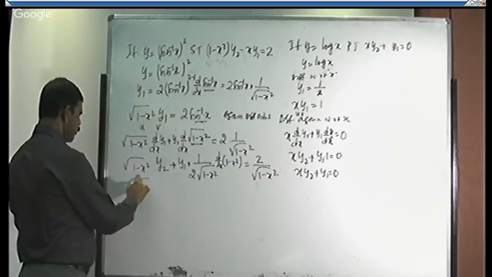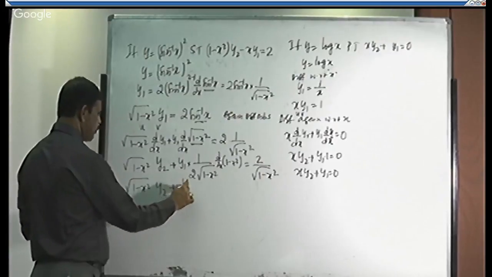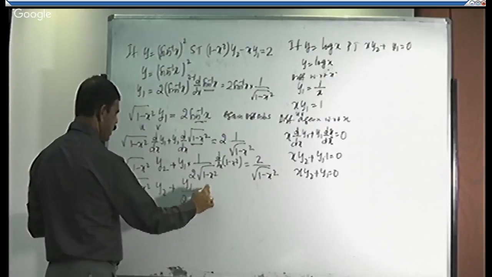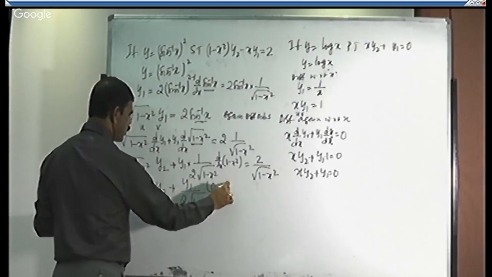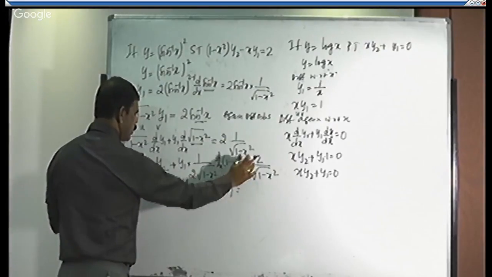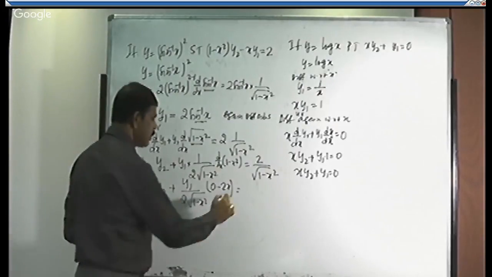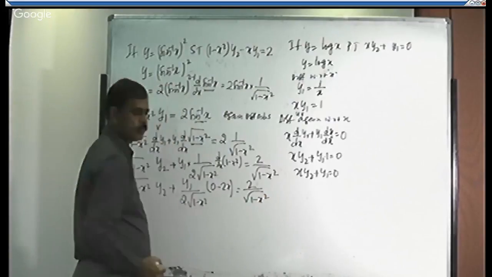It is root of 1 minus x square into y2 plus y1 divided by 2 root of 1 minus x square, differentiation of 1, 0, minus differentiation of x square, 2x. Only this part is to be differentiated. All other things are taken as it is, right? 2 by root of 1 minus x square.